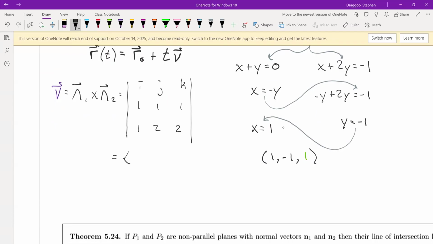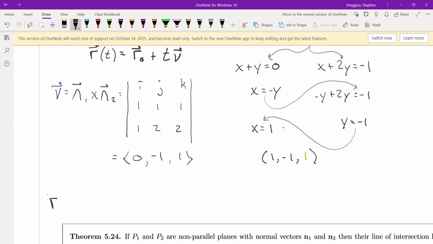This looks like 2 minus 2, which is 0. Then I'll have 1 minus 2, which is negative 1. And finally, 2 minus 1 is 1. That's the cross product I get.